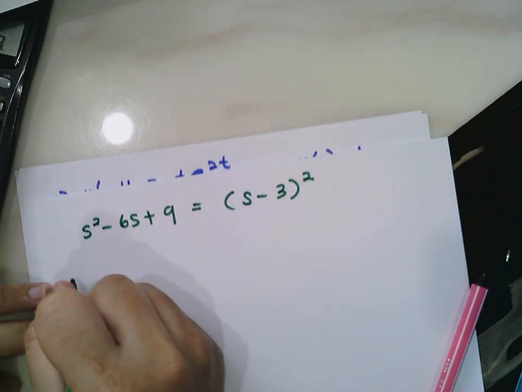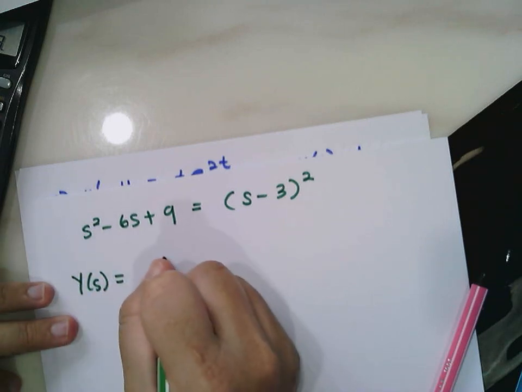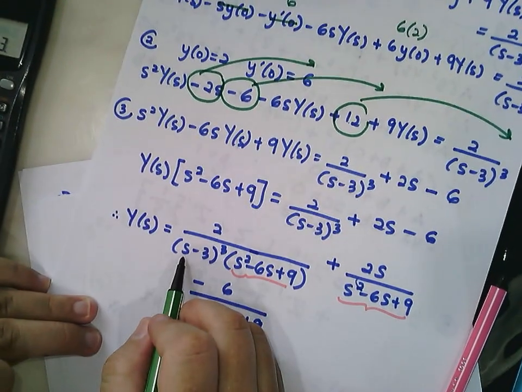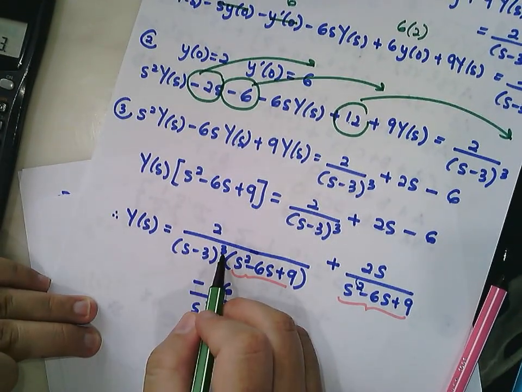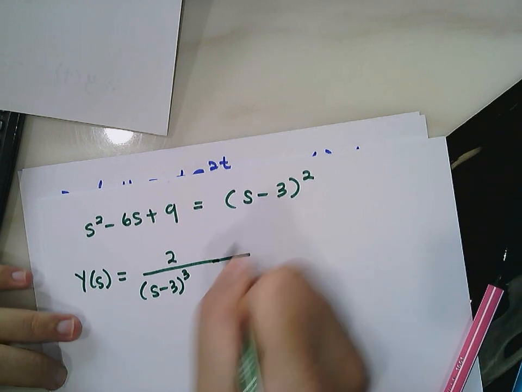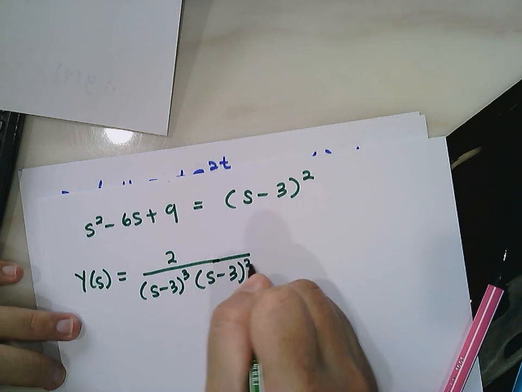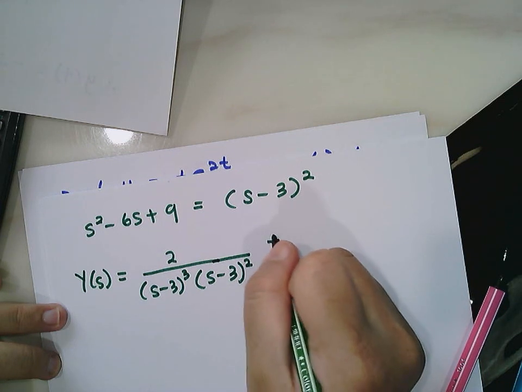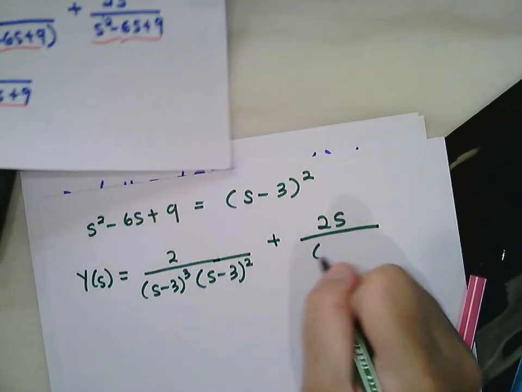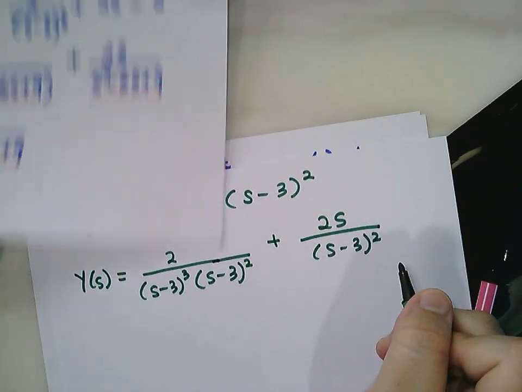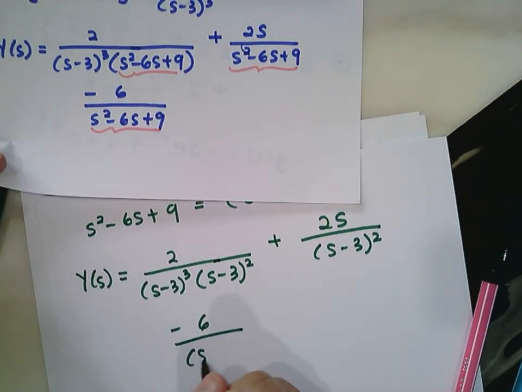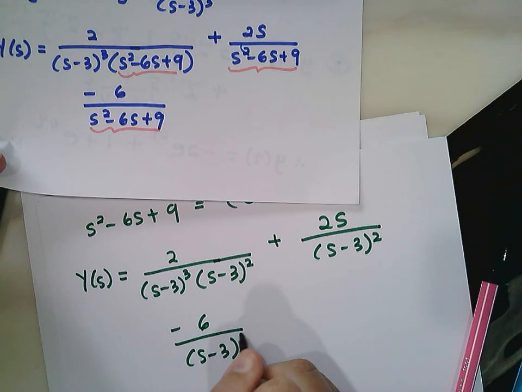So now your Ys will be 2 over, as you can see here, for the first function you already have (s minus 3) to the power of 3, and another one is (s minus 3) to the power of 2. So the second one will be 2s over (s minus 3) squared, and the last one is minus 6 over (s minus 3) squared.